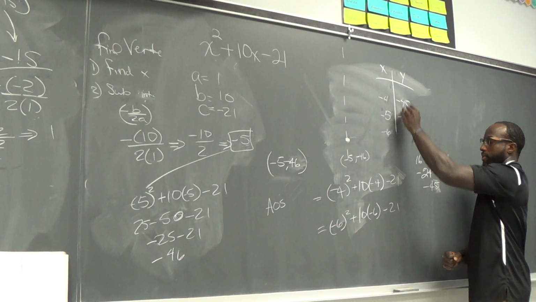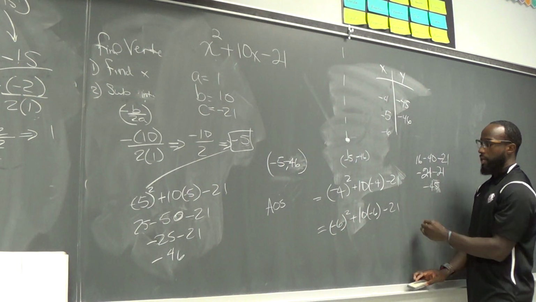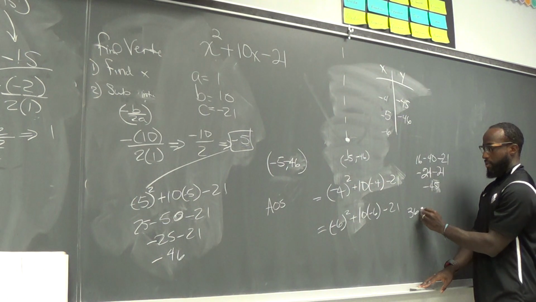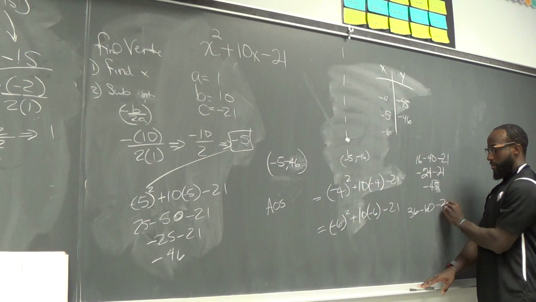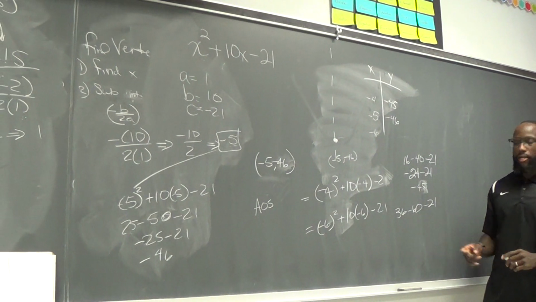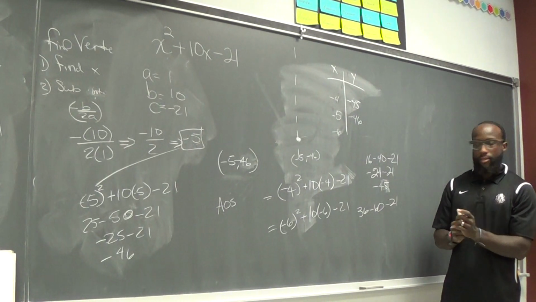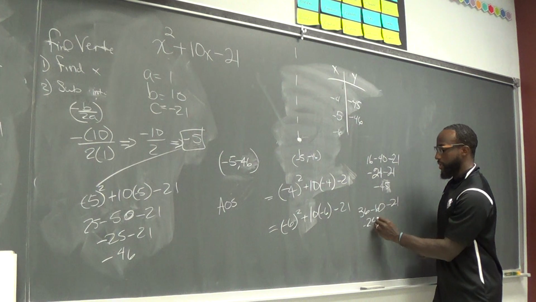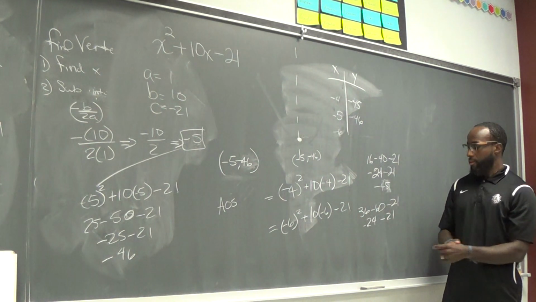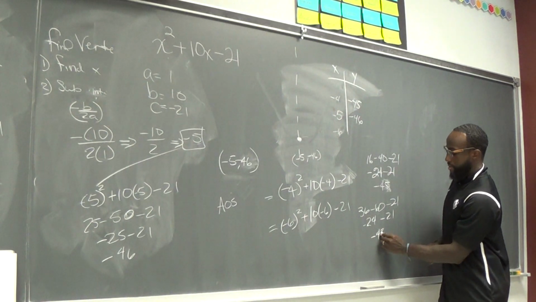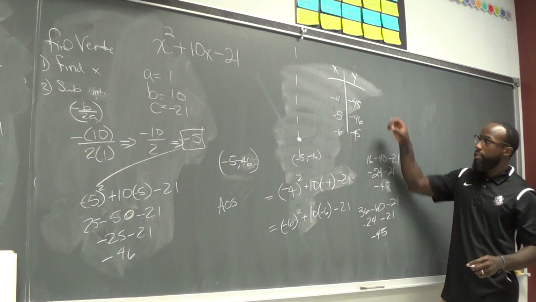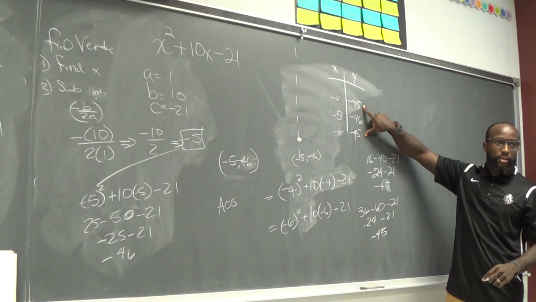Let's do the same thing with this one. This is 36 minus 60 minus 21. 36 minus 60 is negative 24, minus 21, negative 45. It's the same thing.